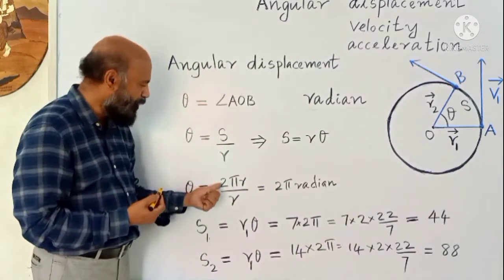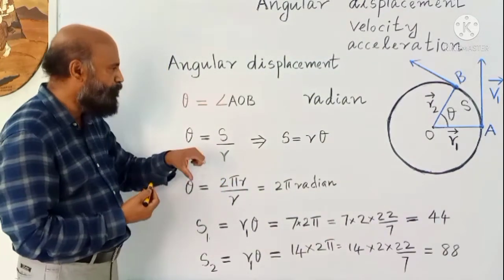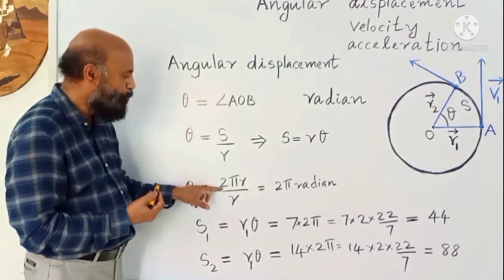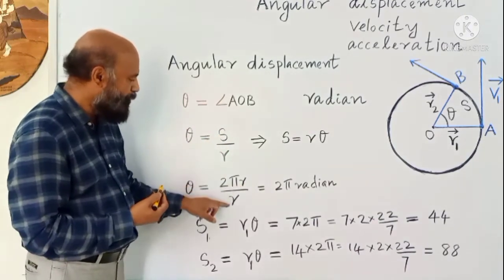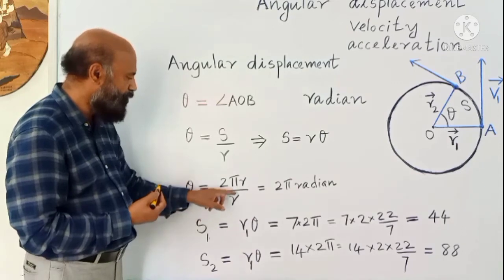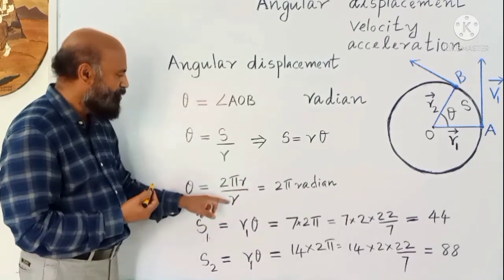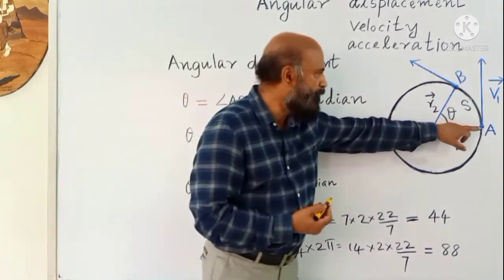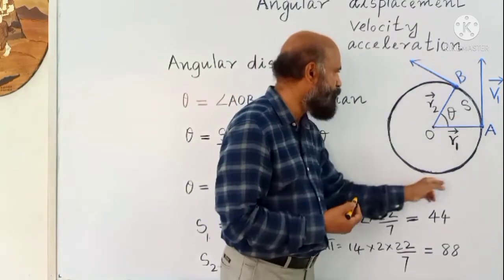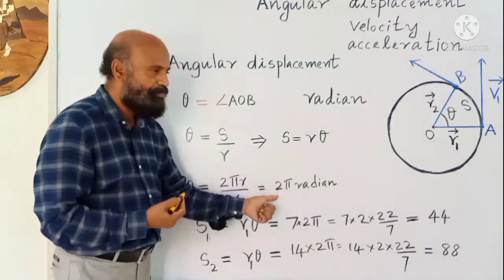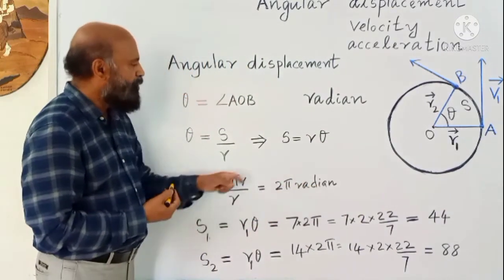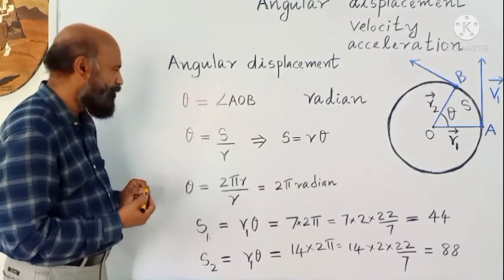For this S, you can write, when the boy is completing one full round, this S is 2 pi r. Then you divide by the radius. So this r will get cancelled. So when a particle is completing the full circle, angular displacement is 2 pi radians. Then here you can see S is equal to R theta.